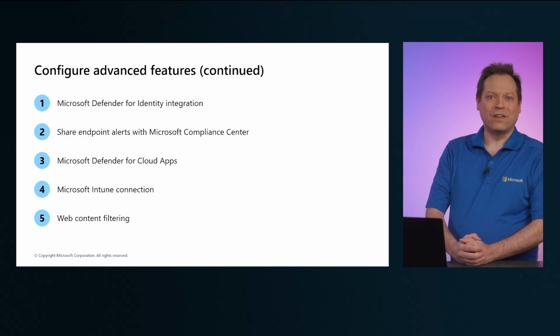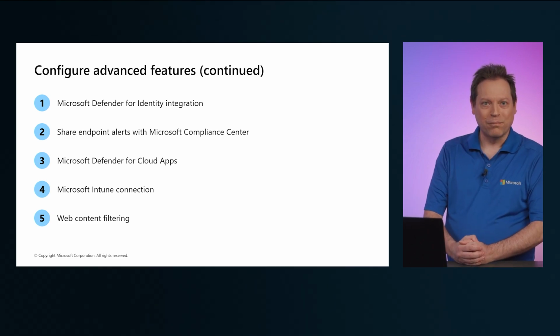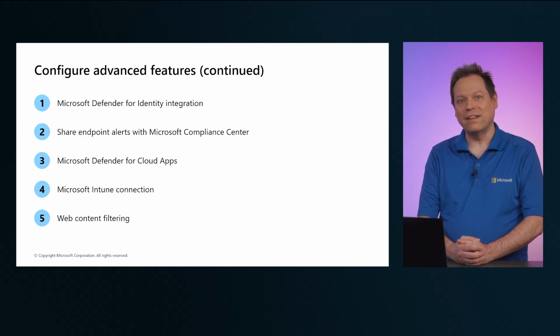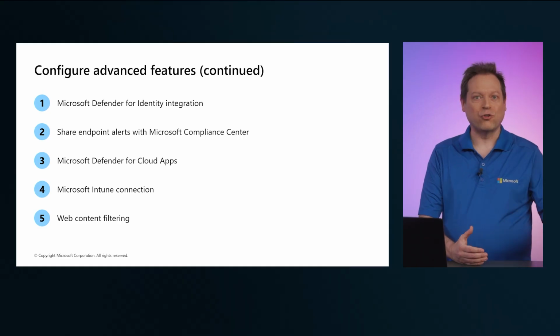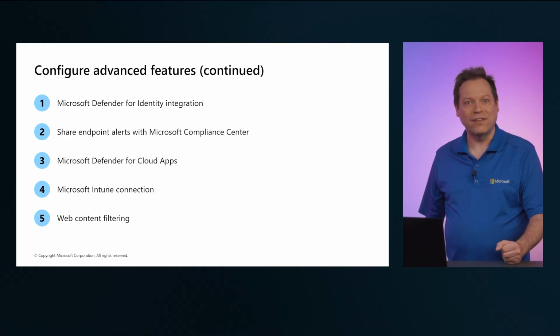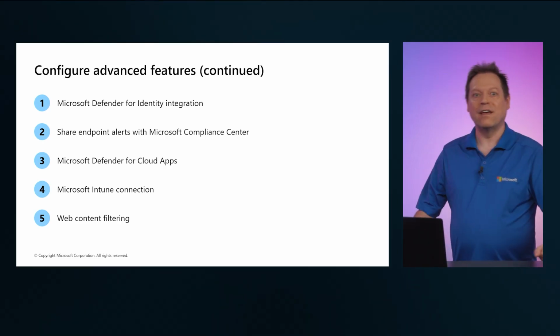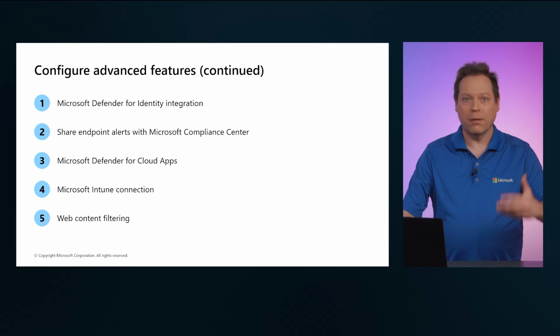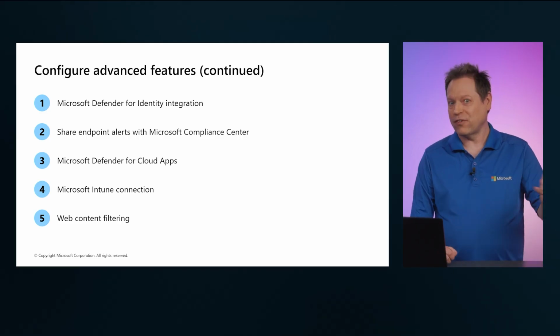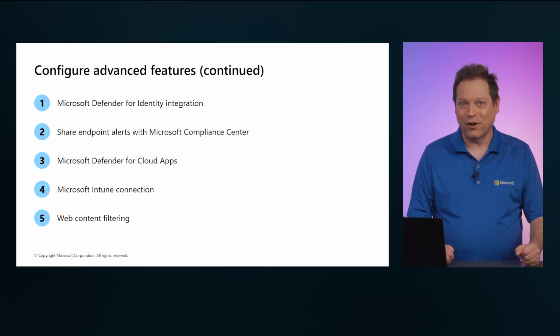Here are several key integrations you can enable. Microsoft Defender for Identity integration retrieves enriched user and device data from Defender for Identity and forwards Defender for Endpoint signal, improving correlation across identities and endpoints.